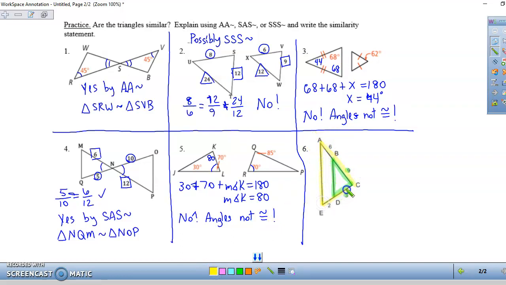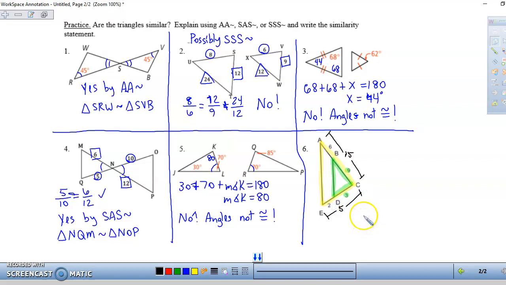And then you've got to be careful because the sides of the bigger triangle are not 6 and 2. Okay, you actually need to use this whole length, which is 15 for the yellow triangle, and this whole length, which is 5 for that side. So that's the hard part about this question.